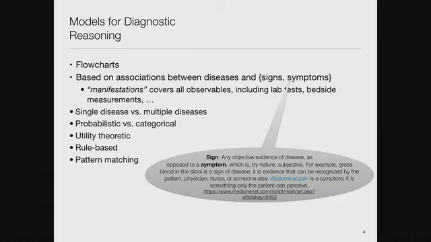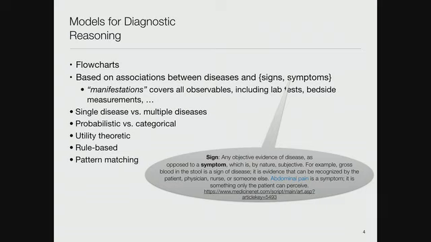Oh, and by the way, signs and symptoms, I've forgotten if we've talked about that in the class. A sign is something that a doctor sees, and a symptom is something that the patient experiences. So a sign is objective. It's something that can be told outside your body. A symptom is something that you feel.